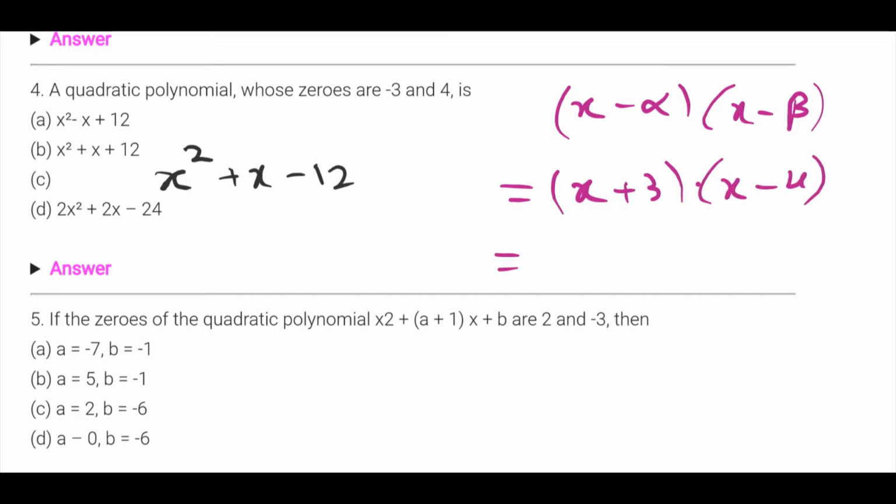This gives the quadratic polynomial x square minus x minus 12. So this is our solution. In the given question, we don't have any options. Maybe this is x square minus x minus 12, option C.